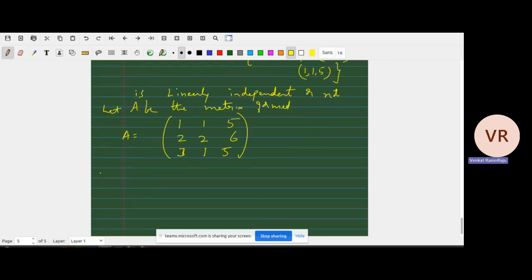Now what I'll do, R2 can be replaced as R2 minus 2R1, R3 can be replaced as R3 minus 3R1, so that this becomes equivalent to another matrix: 1, 1, 5, 0, 0, 6 minus 10 is minus 4, 0, minus 2, 5 minus 15 is minus 10.